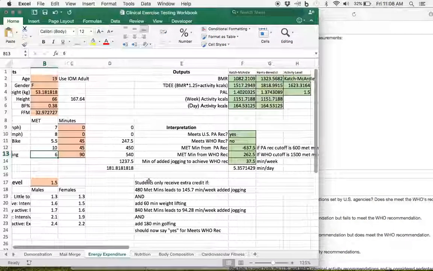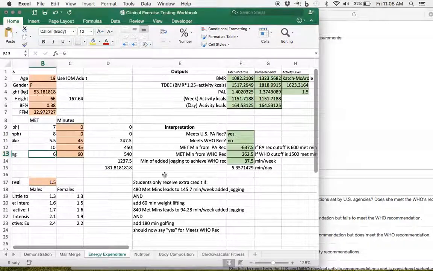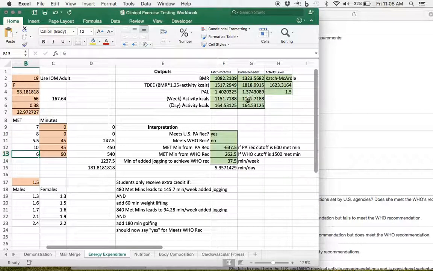Alright, so as we look over here at our equations, we now know that her weekly calories expended from exercise comes from this number, which is her MET minutes achieved during that week. Based on her size, we can do calories per week, and then divided by 7 we can get calories per day.